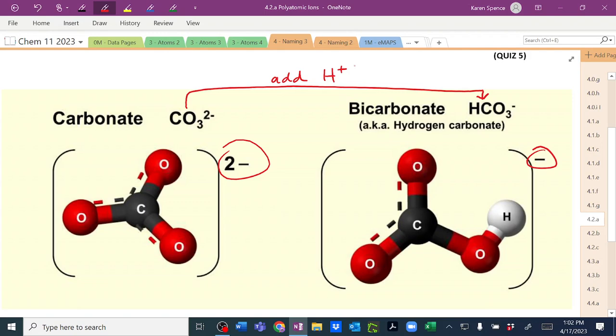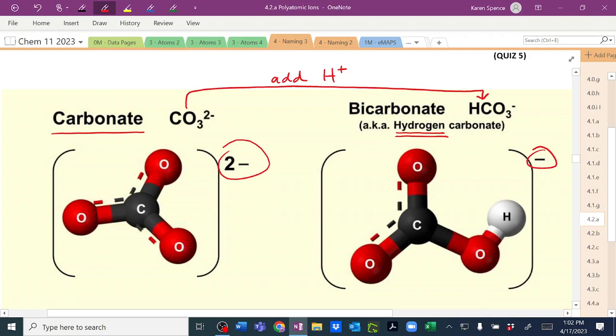And one way of naming the ion that had the hydrogen added to it, we started with carbonate, and we end up naming the one with the hydrogen carbonate. That's pretty easy, right? You take a carbonate, you add a hydrogen, what's the name of the new one? Hydrogen carbonate.